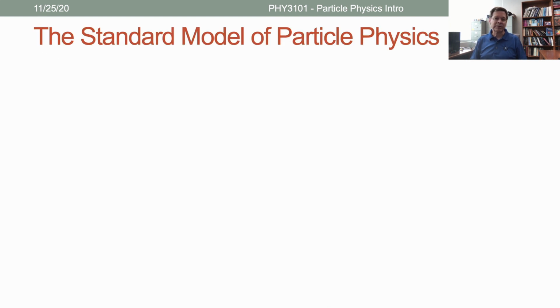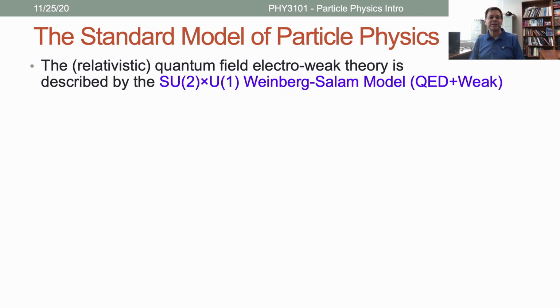Now, what can we say about the theories that comprise the so-called standard model of particle physics? This is not a course, and don't worry that we're going to go into all these details. But it turns out that if we dug into relativistic quantum mechanics, there is a theory for the electromagnetic and weak nuclear interactions, and they've been unified by Steve Weinberg and Abdus Salam in particular into the so-called Weinberg-Salam model, which has a certain group structure, SU(2) cross U(1).